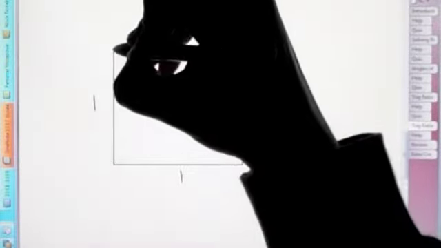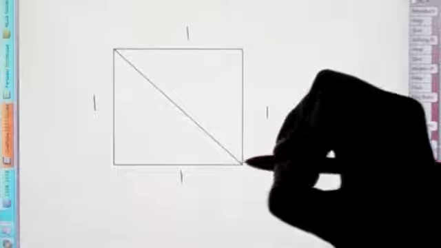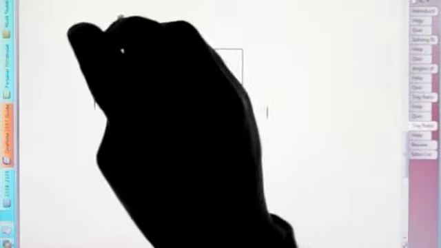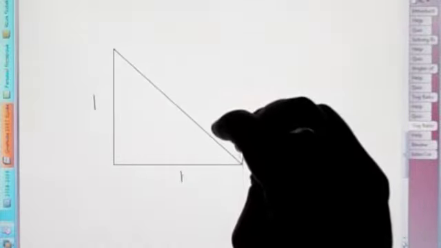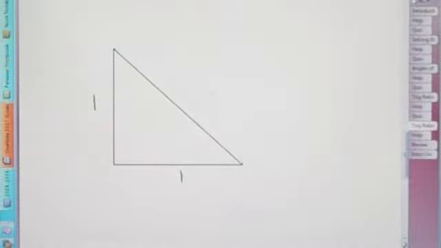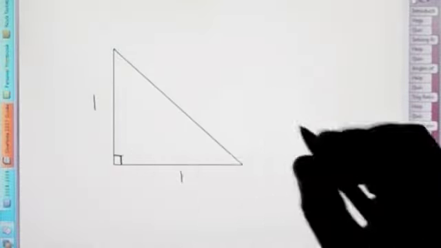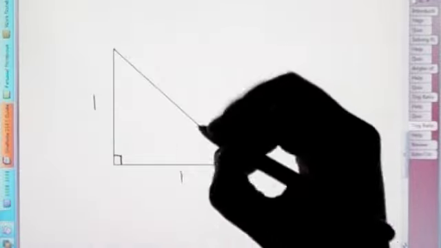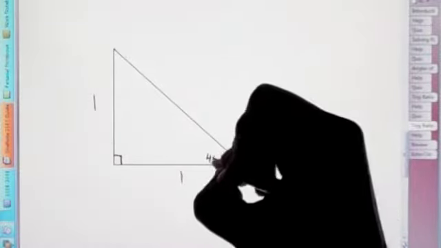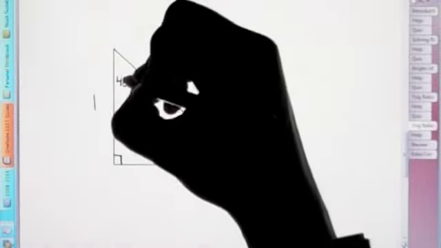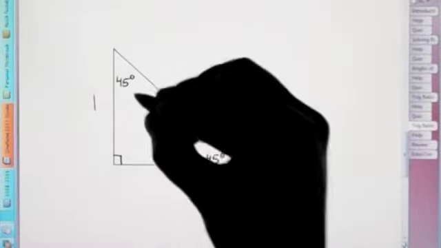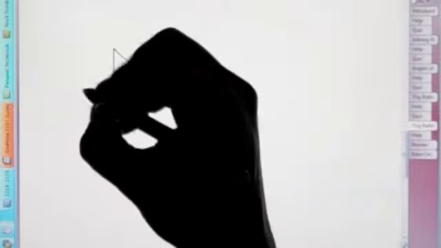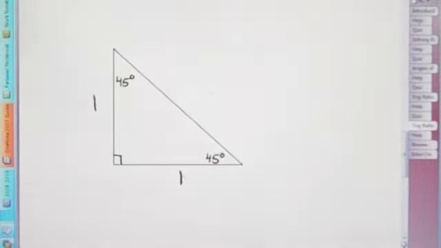If I draw a diagonal, and I were to get rid of this half on this side, that would leave me with a right triangle in which the right angle was cut in half. So now this becomes 45 and 45. And since this is an isosceles triangle, because there are two angles that are the same, we know these side lengths have to be the same. So 1 and 1.